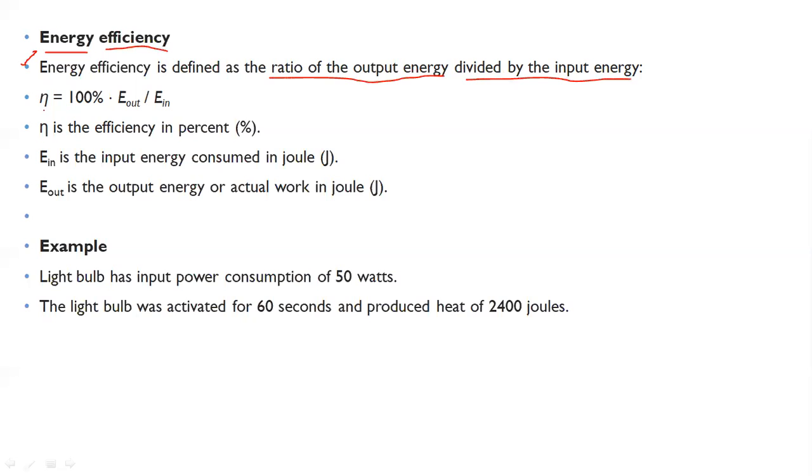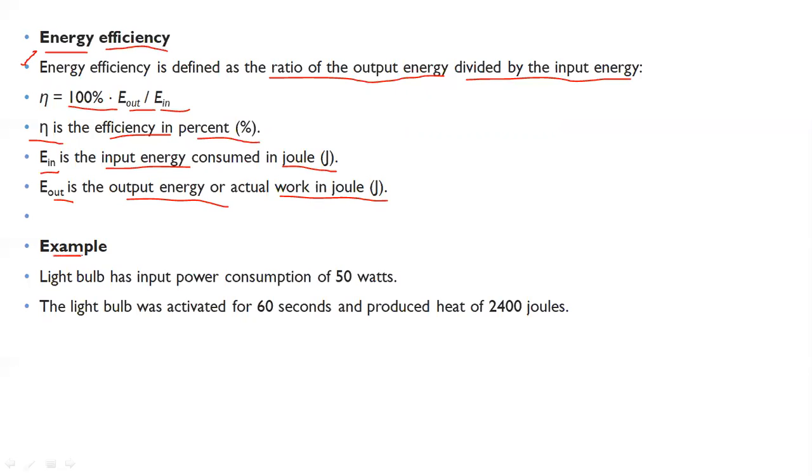So efficiency can be maximum 100%, denoted by E out by E input. Efficiency is in percentage. E in is the input energy consumed in joules, and E out is the output energy, or actual work done, in joules.